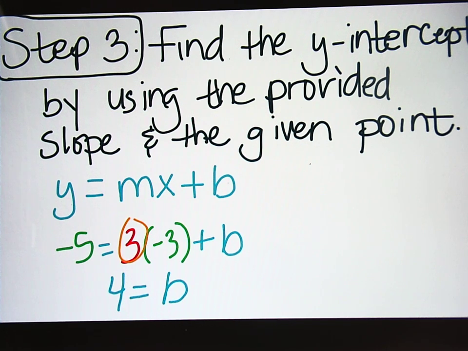Then you're going to take that given point, which was -3 and -5, and substitute it for x as well as for y. Once you do that, you're then able to solve the equation.